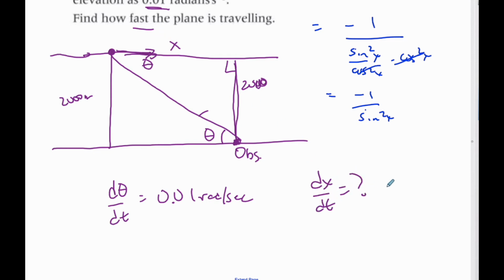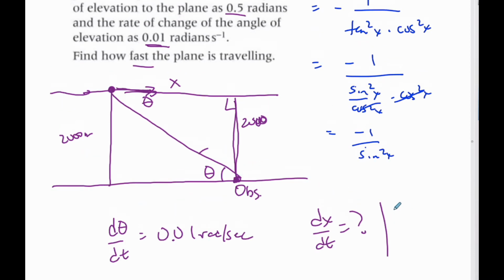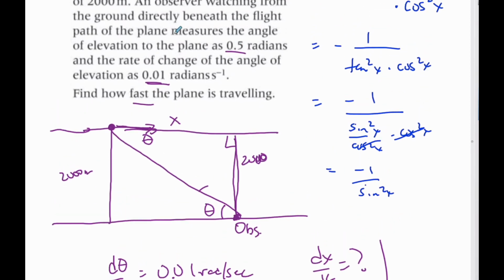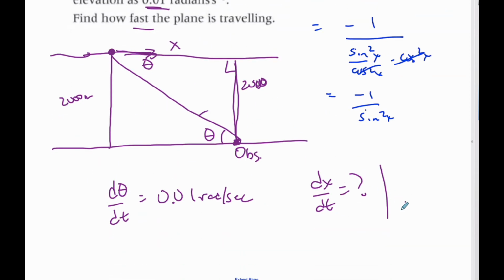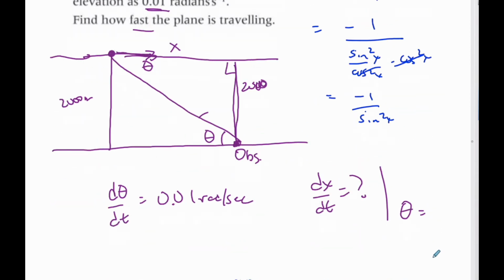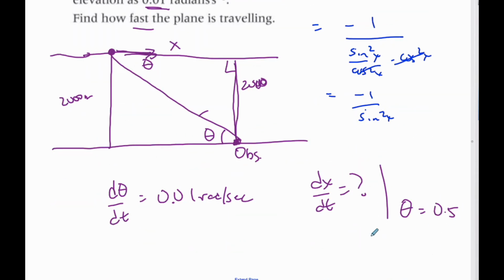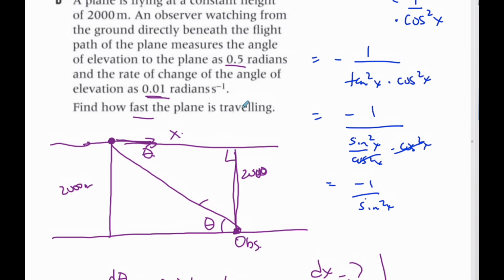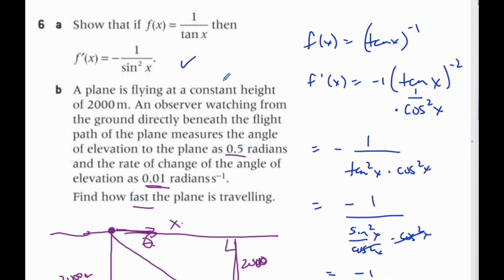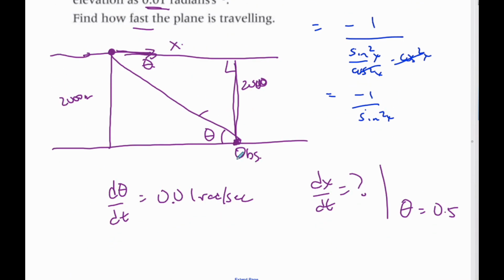That means I want to find dx dt. I want to find dx dt when theta, the angle of elevation to the plane measured beneath the path, is 0.5. So I need to find a relationship between x and theta and 2,000. Well, I'm feeling like for some reason I'm going to need this scenario here.